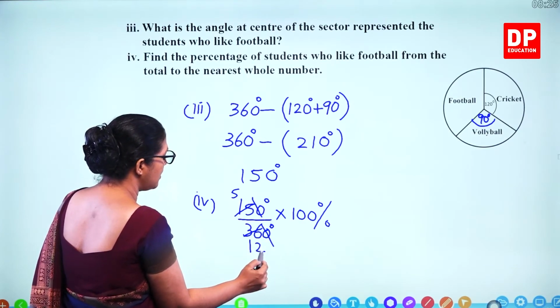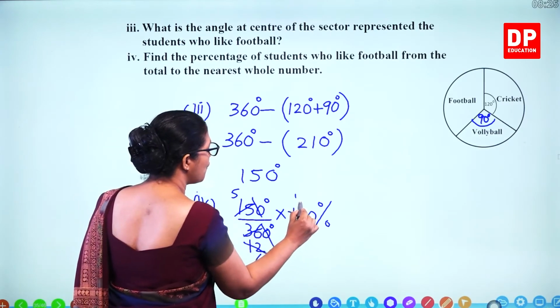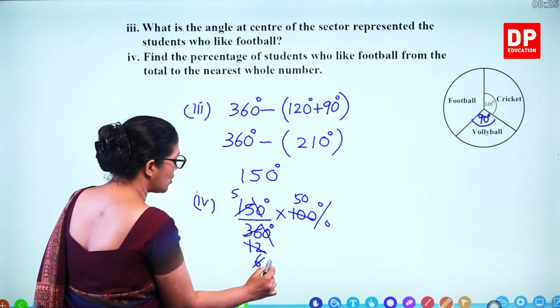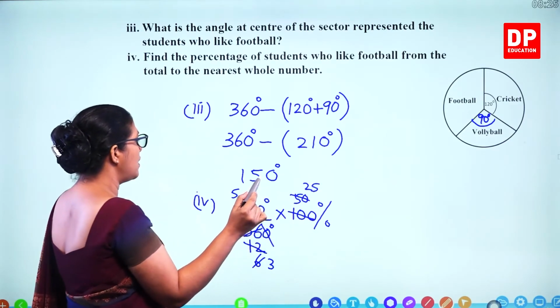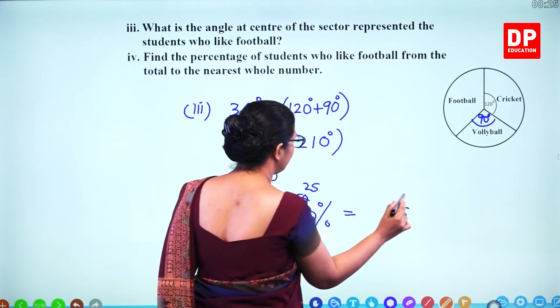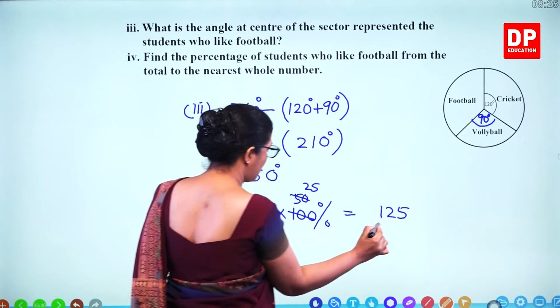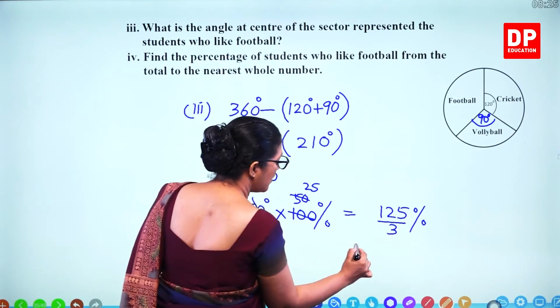Then you can do 2 times 6, 2 times 50, and 2 times 3, 2 times 25. 25 times 5, 125 divided by 3%. So roughly how much?